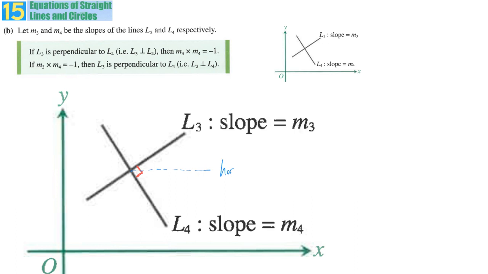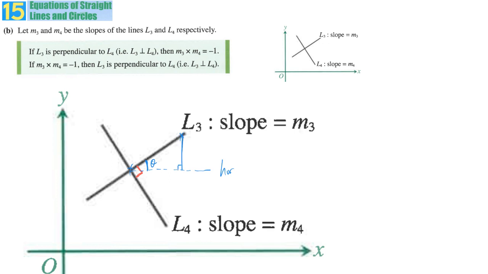If I add this line and consider this angle to be theta, from the first point to the second point, we have a right angle triangle.